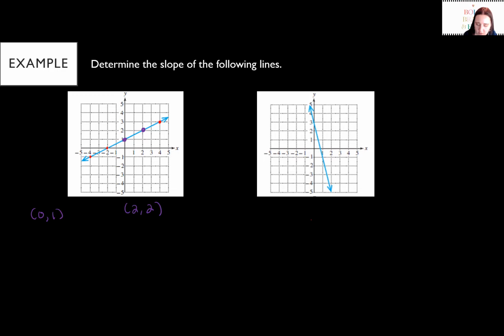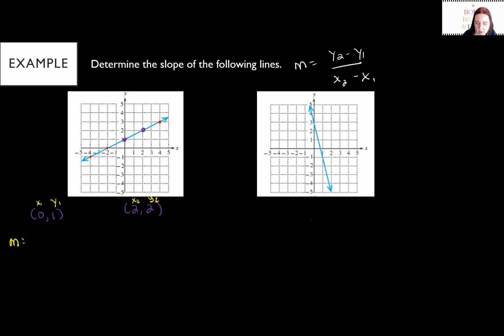So our slope formula, let me give that formula again in the correct color. Slope equals y2 minus y1 over x2 minus x1. So x1, I'm going to label 0, y1 will be 1, then x2 will be 2, and y2 will be 2.